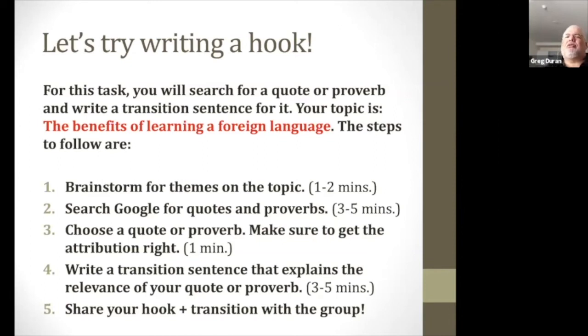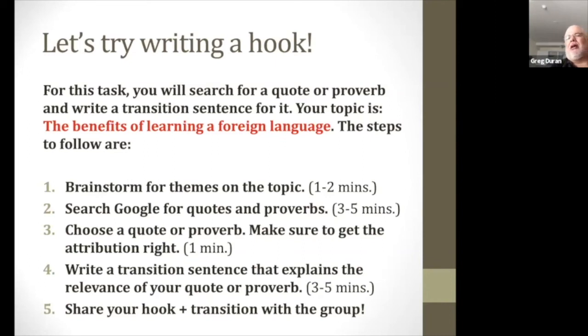So you will do Google searches on the topic of the benefits of learning a foreign language. And trust me, there are hundreds and hundreds of quotes and proverbs on this very topic. So the steps to follow are, for a moment, just brainstorm some of the things about learning, about foreign languages, about travel, about studying something new.